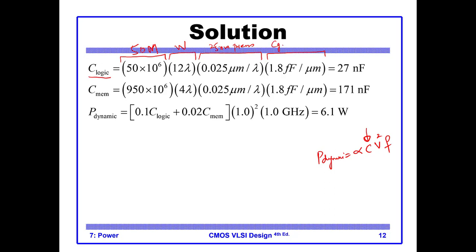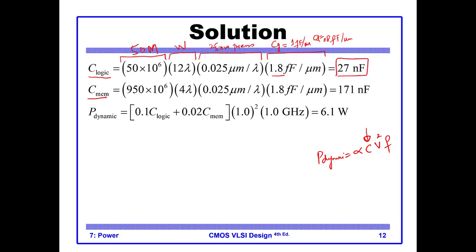The gate capacitance was 1 femtofarad per micrometer plus 0.8 femtofarad per micrometer for diffusion capacitance. We add those two up and get 1.8 femtofarad per micrometer. When you multiply all these, you get 27 nanofarad.